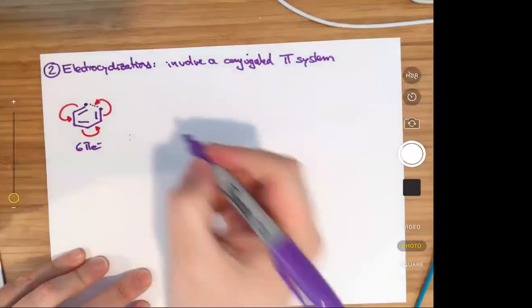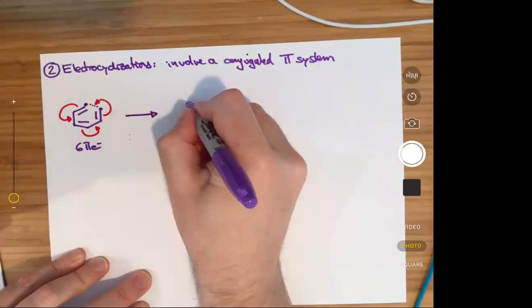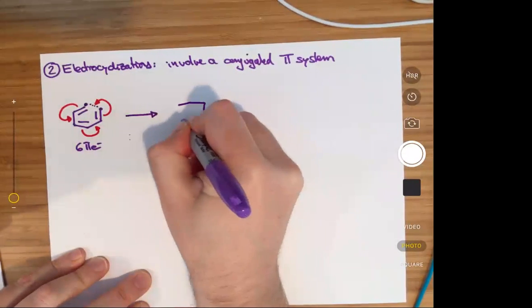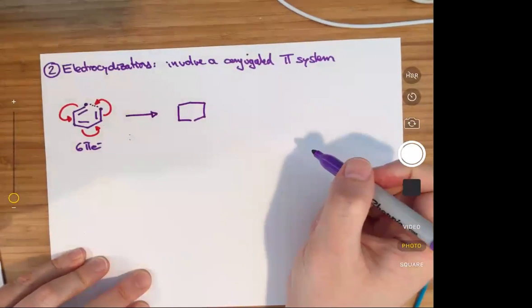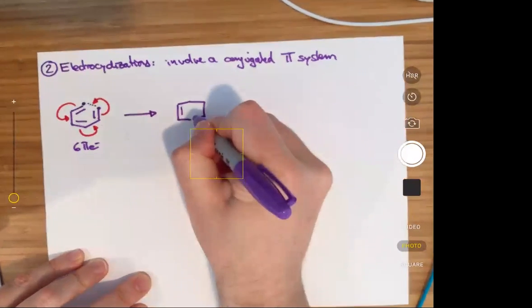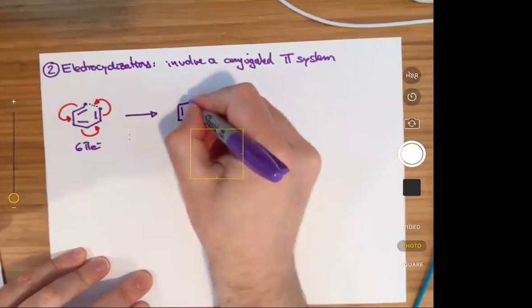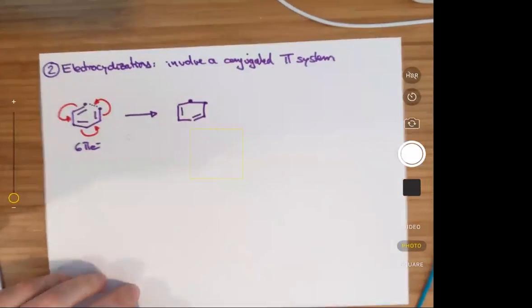So you can take this, and then what you get out of it is a closed six-membered ring where you formed only one new sigma bond, and you have two remaining double bonds in the system. So these were these carbon atoms over here where you formed the new bond.